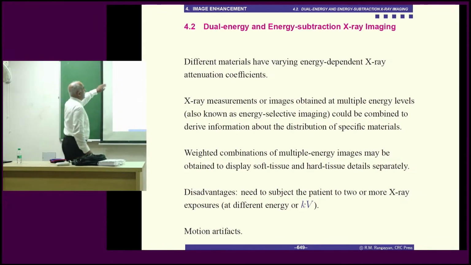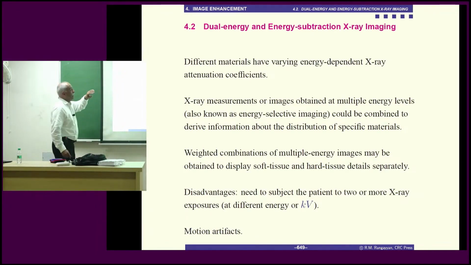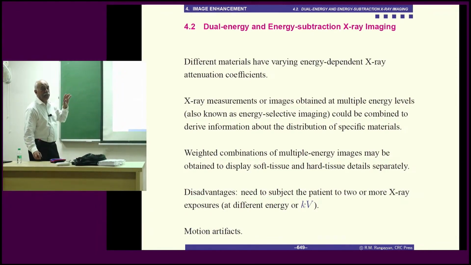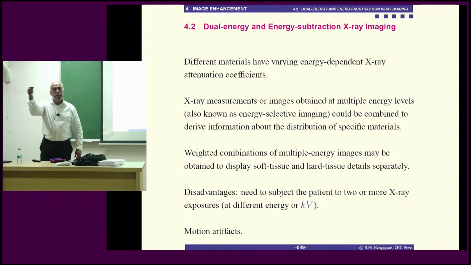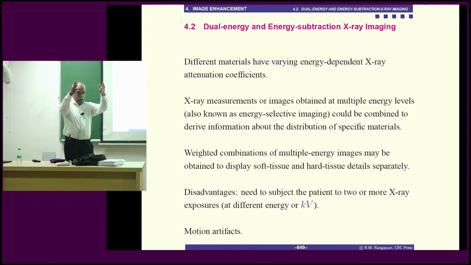So X-ray measurements, now remember that different materials have varying energy-dependent X-ray attenuation coefficients. So the X-ray attenuation coefficient of this piece of tissue depends upon the energy of the beam, the photon energy. And the X-ray beam we get from the X-ray tube has a fairly wide spectrum. There is a filter there, but still it has a wide spectrum.